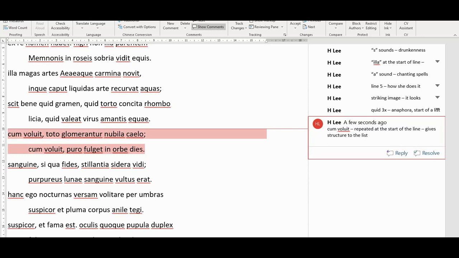And another way that it gives structure to a list is there is a symmetry in the couplet to give structure to the list. Again, this makes it easier for the audience to understand the power of Dipsas.